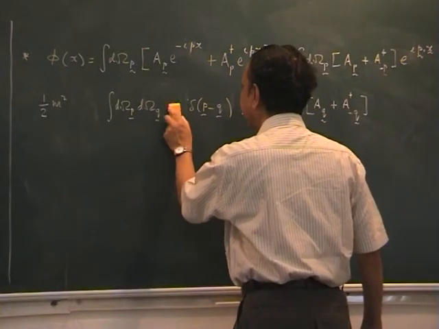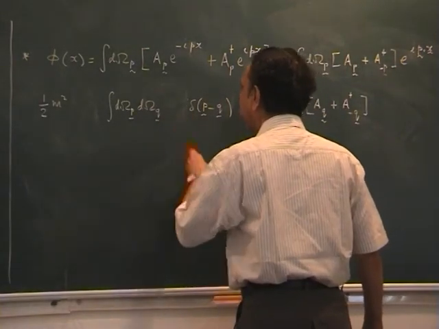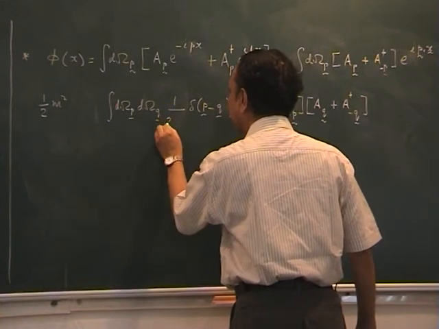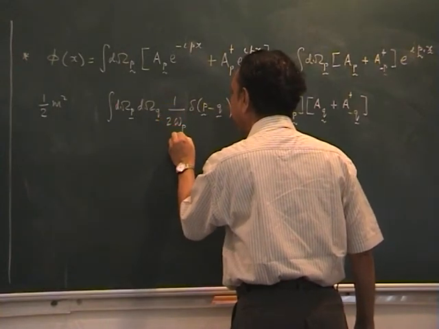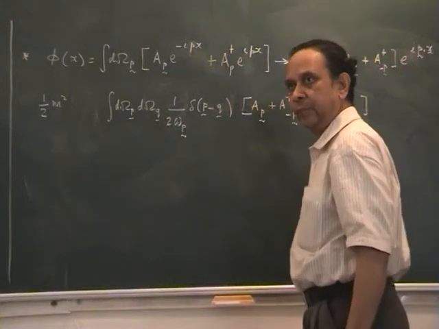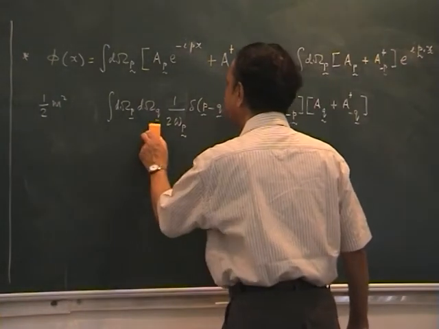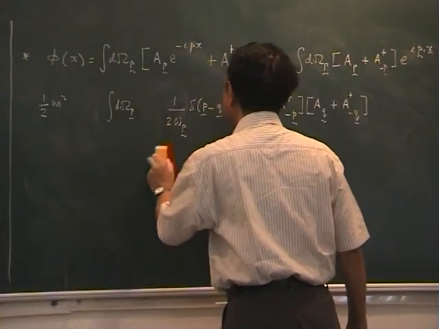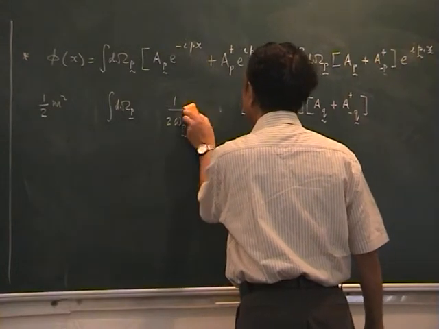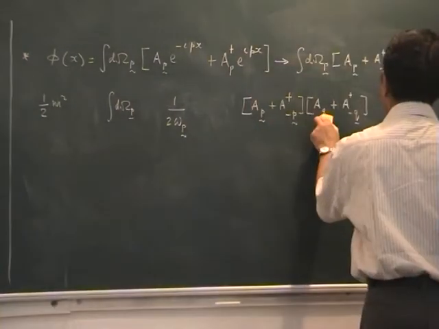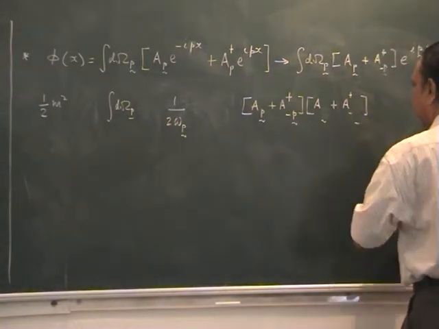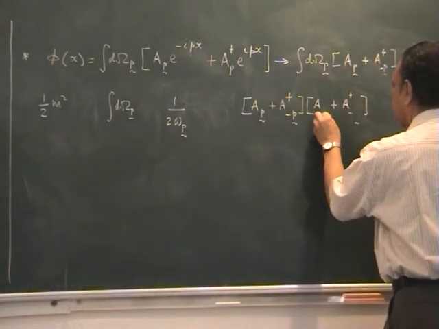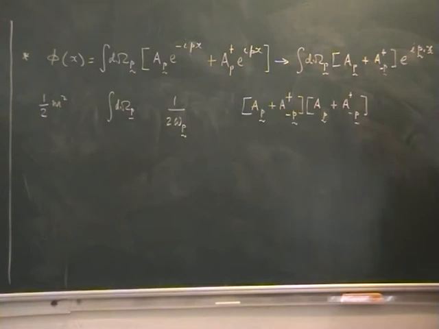So 2 pi goes away, but an 1 over 2 omega p or q, let us keep p, will survive, and the p integration q integration just replaces all the q's by p's. Okay, this is the structure of the term.